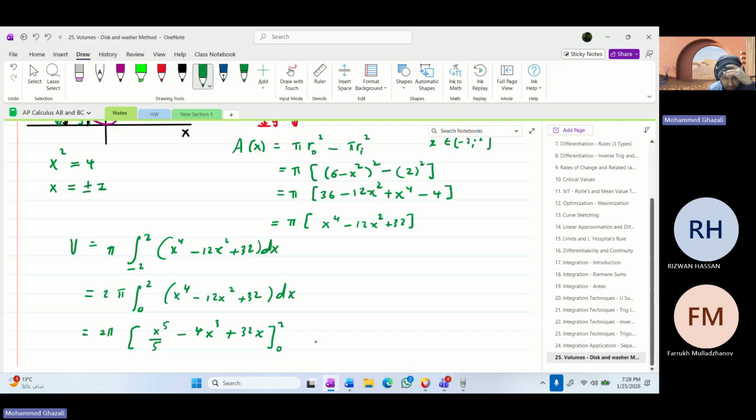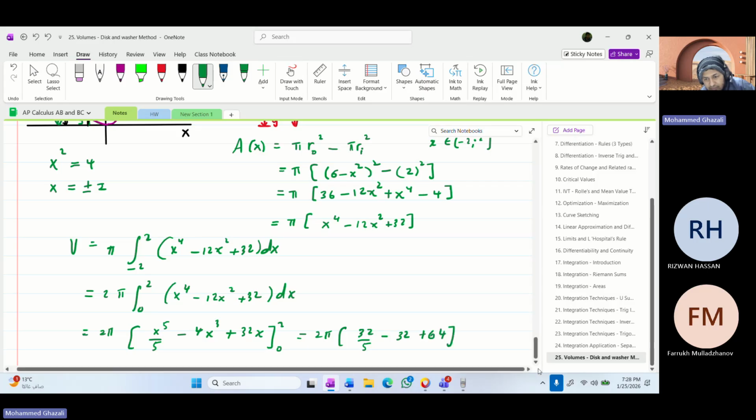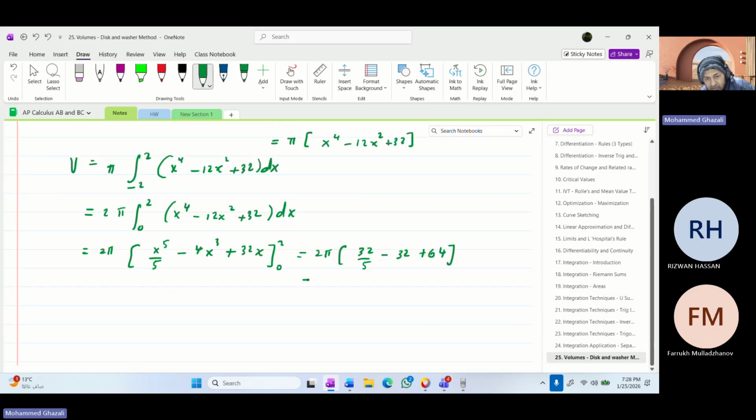Just substitute 2 and you will get the answer. 2 to the power 5 is 32 over 5. 4 times 2 cubed is 32, 8 times 4 is 32. Then you got plus 64. 64 minus 32 is 32.